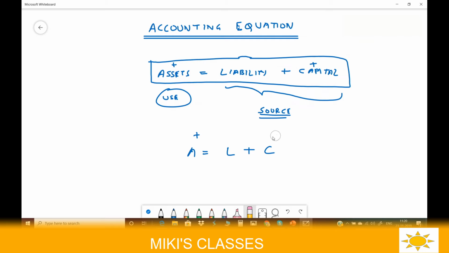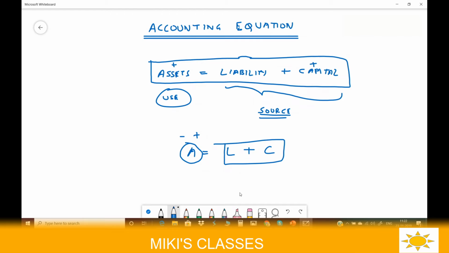If capital doesn't go up, then what might happen is one asset has gone up, the other has to come down by the same amount. But in any case, this has to balance. The left hand side, which is the assets, has to be equal to the right hand side. Okay? We'll understand this better as we keep moving along, as we keep on discussing examples.